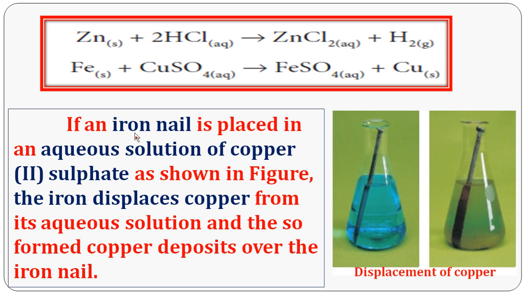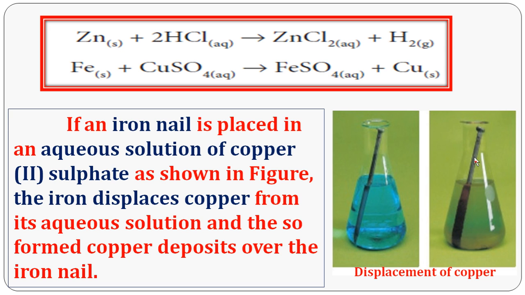If an iron nail is placed in an aqueous solution of copper(II) sulfate, come and see the picture. What is the color of copper sulfate? It is blue in color. If you place an iron nail, it changes into green in color because of the formation of ferrous sulfate.